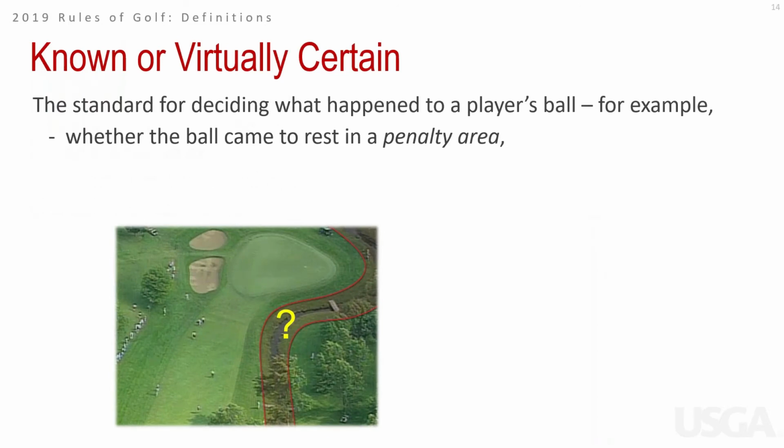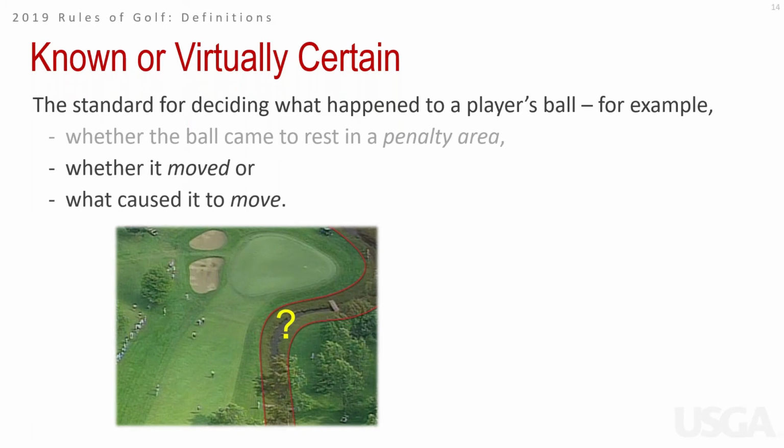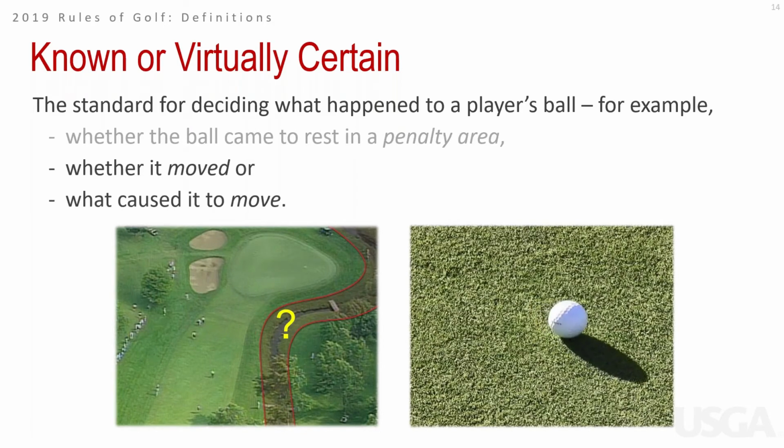Okay, now, known or virtually certain. And this is something that is discussed a lot when we are dealing with penalty areas. And it is the standard for deciding what has happened to a player's ball. For example, whether the ball has come to rest in a penalty area, and that could be a red or a yellow penalty area, or whether it has moved or what has caused it to move.